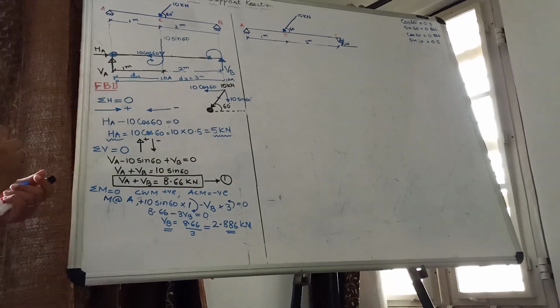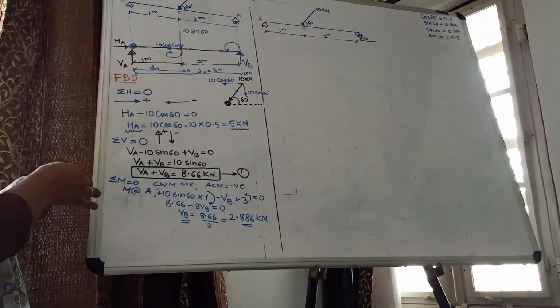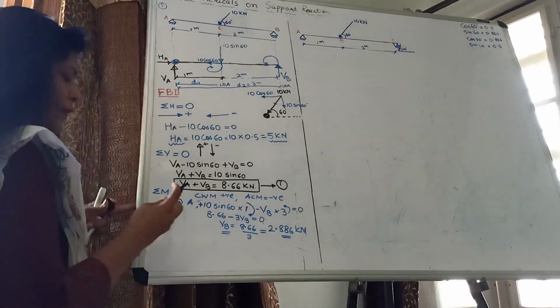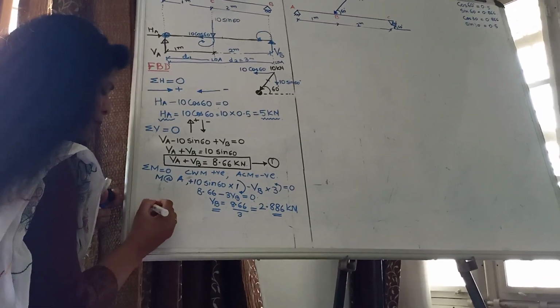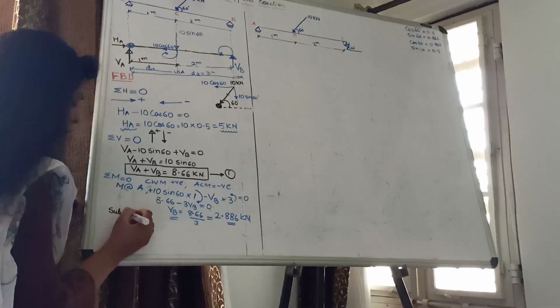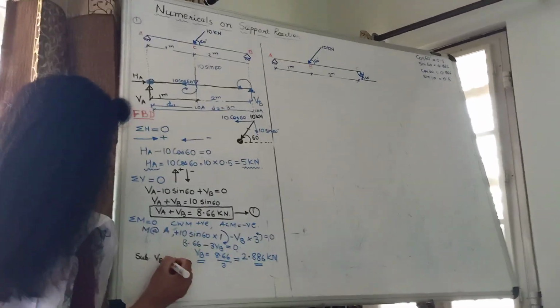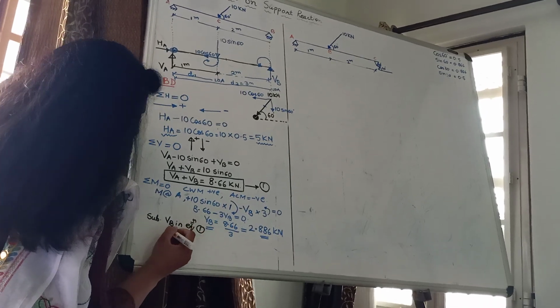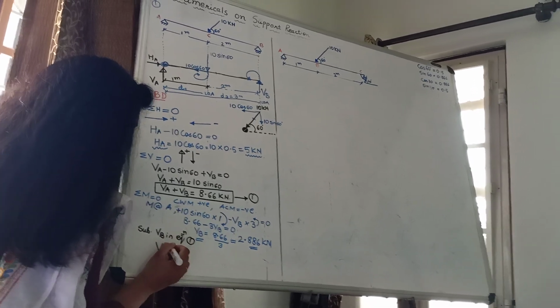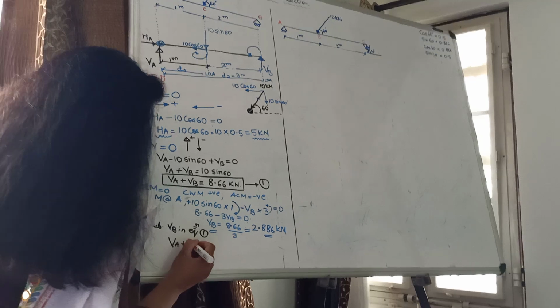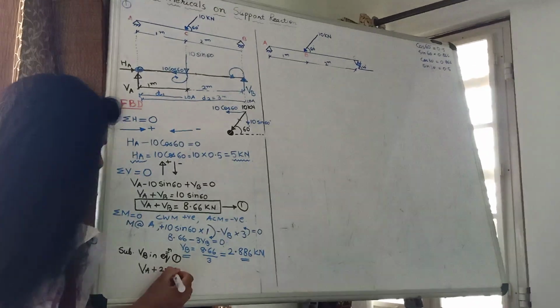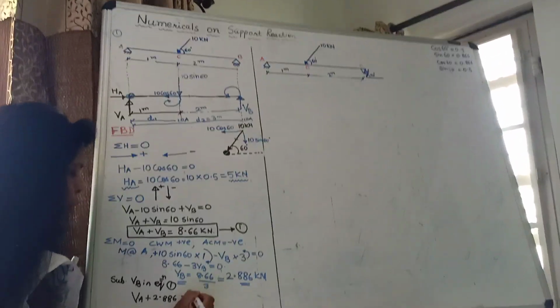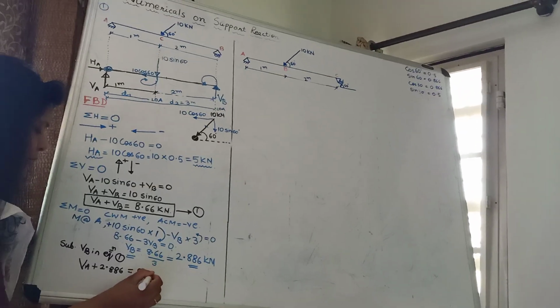Now substitute the value of VB in equation number 1. So VA plus 2.886 is equal to 8.66.